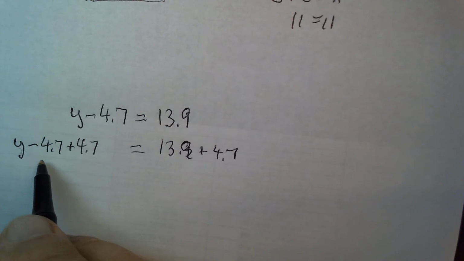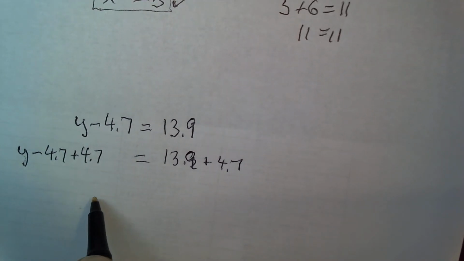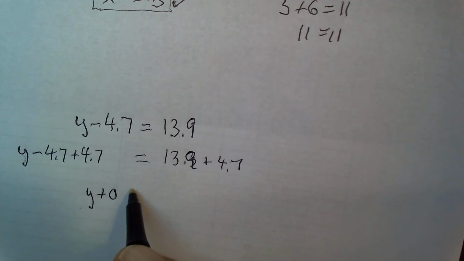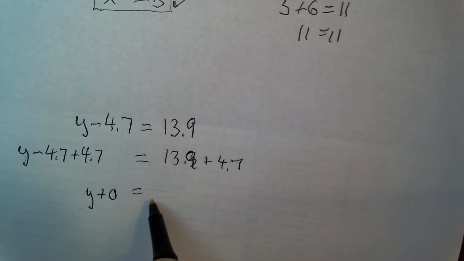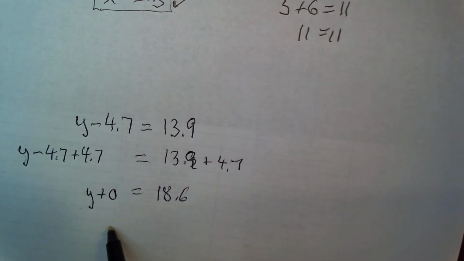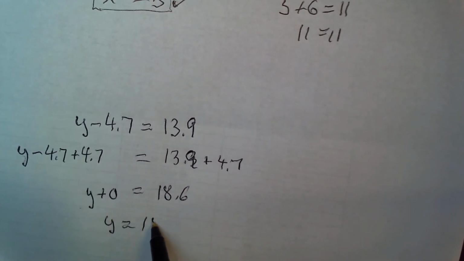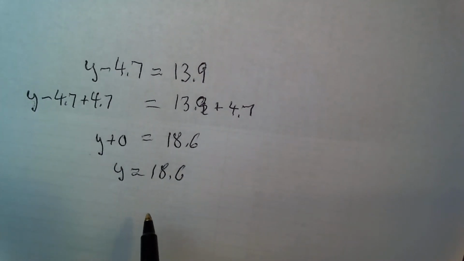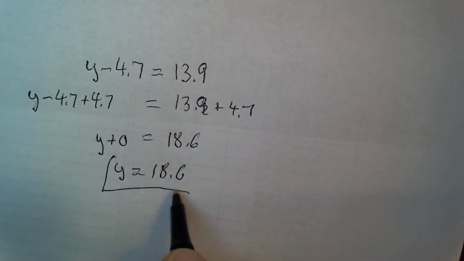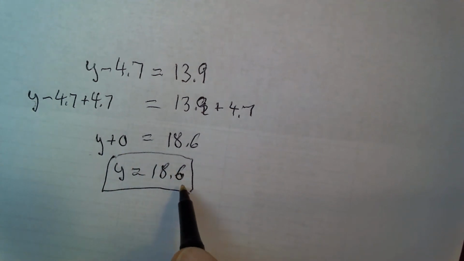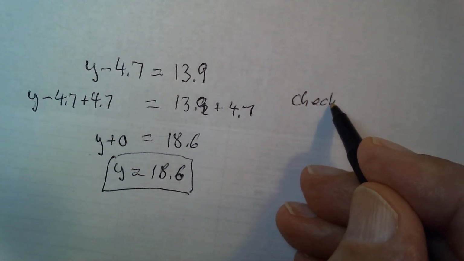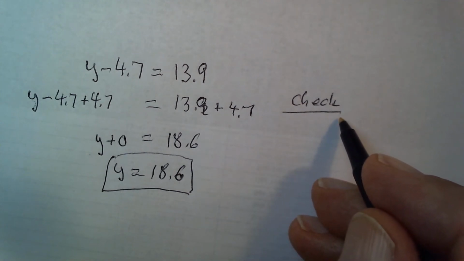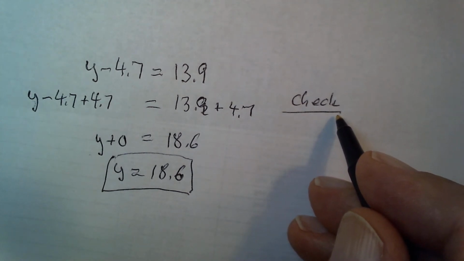So on the left side we get y plus 0 equals 13.9 plus 4.7, which is 18.6. So then y equals 18.6. That would be our solution. And I would encourage you to sit down and verify that this is indeed a solution. In other words, check the answer yourself. It's not a requirement that you check your answers, but it is highly recommended.